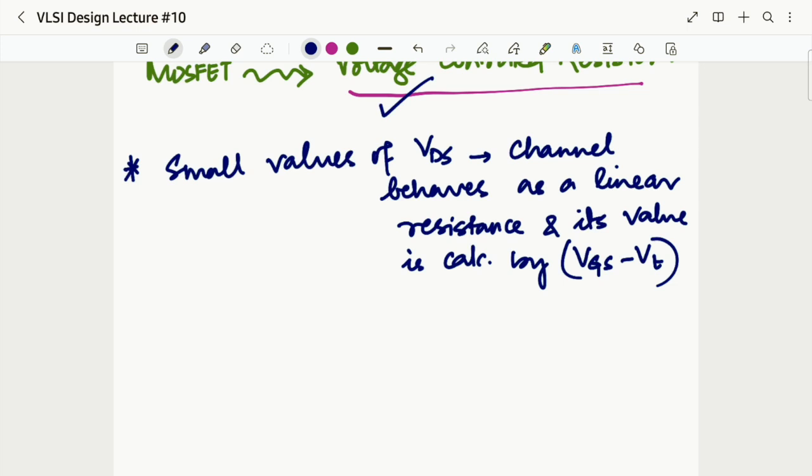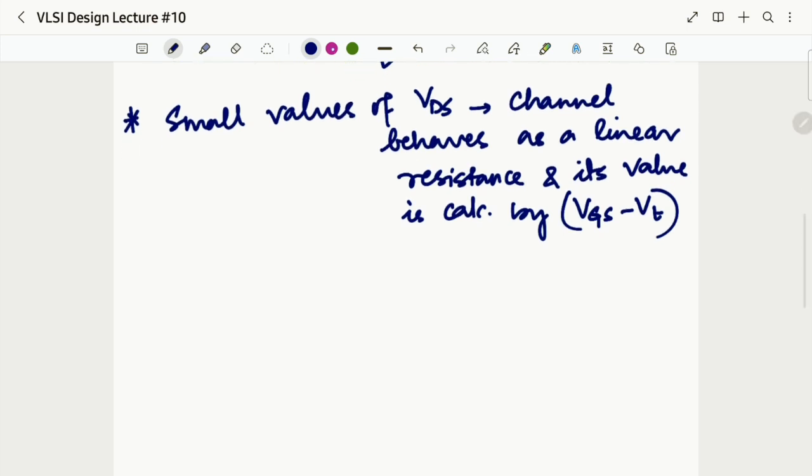How can I directly come to this point? I can directly come to it because of the application of VDS that I discussed in previous lectures, where we started off the discussion on the MOSFET physics. First, we had no gate voltage. Then we applied VGS and enhanced the channel, where we got the channel with VGS minus VT. Then the third point was the application of VDS, where we started off with a small positive voltage at the drain end.